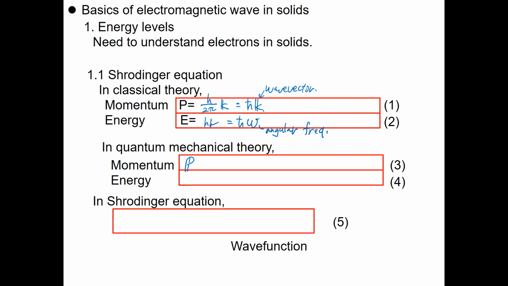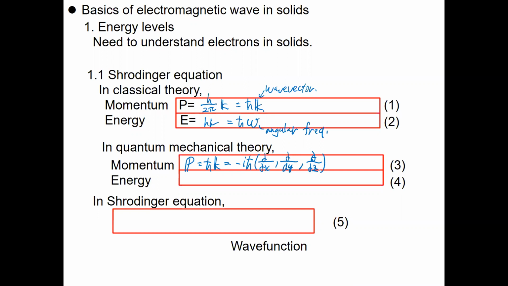Okay. So in the case of P, which is the momentum, in a classical theory it is h bar k, but in the quantum mechanical theory it is minus i h bar times d/dx, d/dy, d/dz.